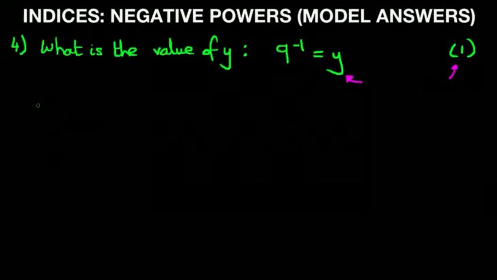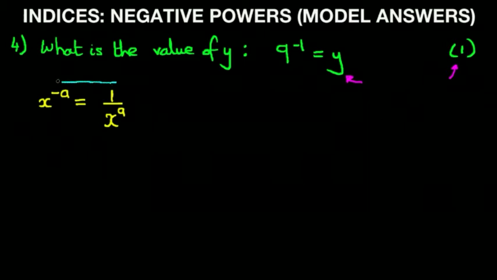If we go through our formula for negative powers, we have x to the power of minus a, and you will notice that I write the formula virtually in every question which is very good practice. This way you will know which rule to apply, and also it may gain you an extra mark. So we have x to the power of minus a equals 1 over x to the power of a.